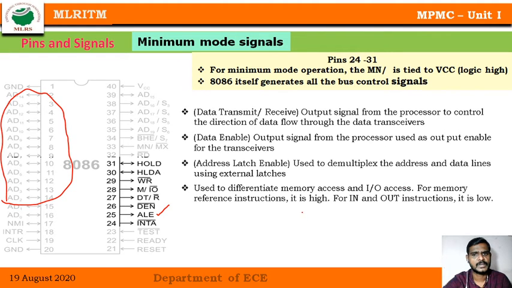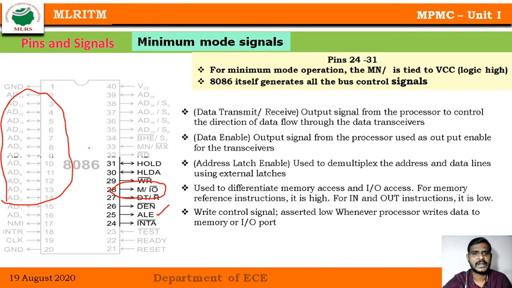It is the M/IO bar signal, memory slash IO bar. This pin indicates whether the processor is performing that task with memory or IO devices. And write bar is a signal used to indicate whether the processor is writing information or not.